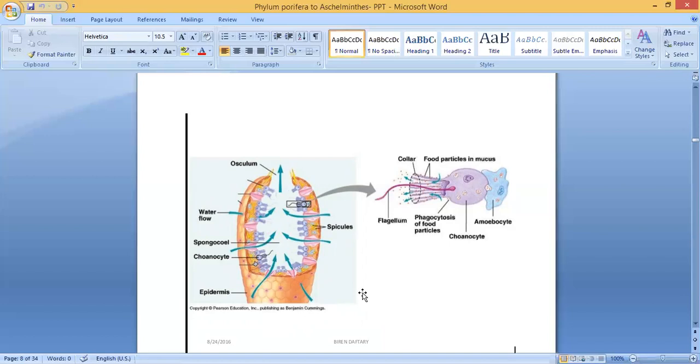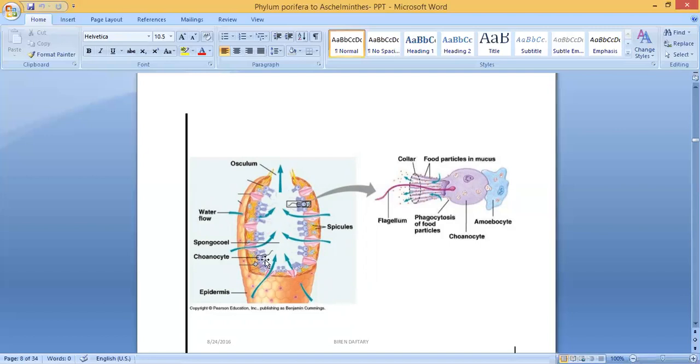So it has two functions. One is to generate a water current inside the sponge. The second is to trap and ingest food particles by phagocytosis, or engulfing, as in amoeba and other single-celled organisms. You learned what phagocytosis is.